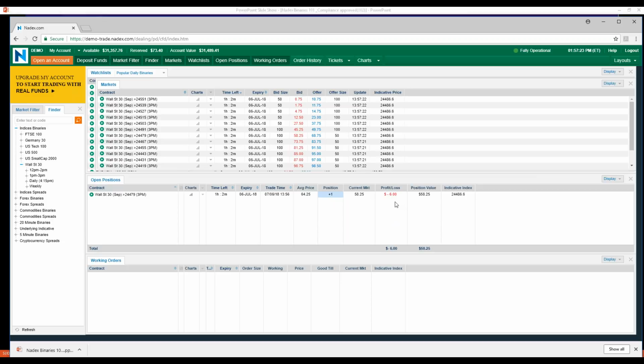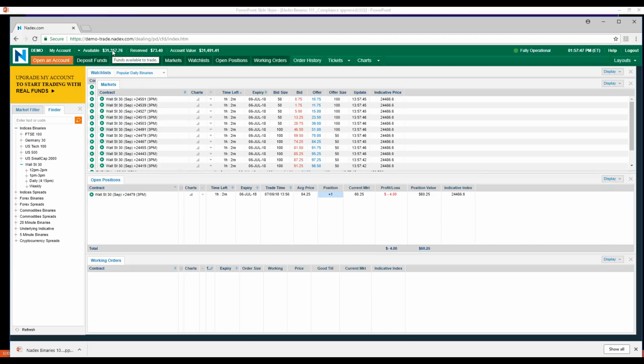Well, now it's 5.25. So if I close this trade out right now for a $5.25 loss, what's going to get put back into my account is what? This amount that was on hold minus that. Does that make sense?